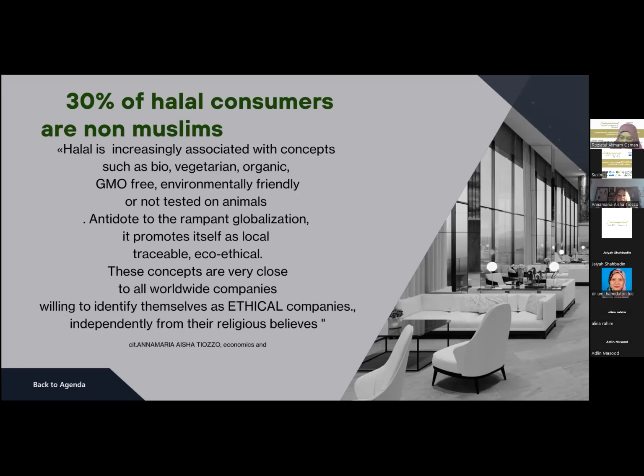One very important data point is that 30% of consumers of halal are non-Muslims. Why is this? Because halal is increasingly associated with the concepts of bio, vegetarian, organic, GMO-free, environmentally friendly, not tested on animals.